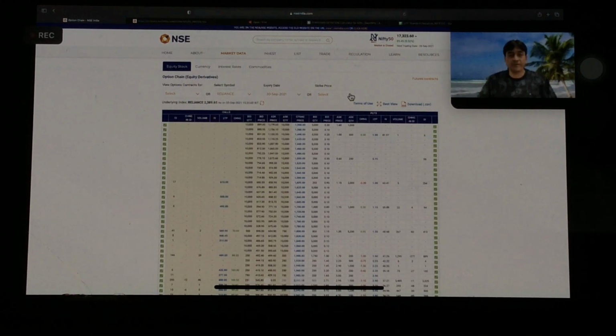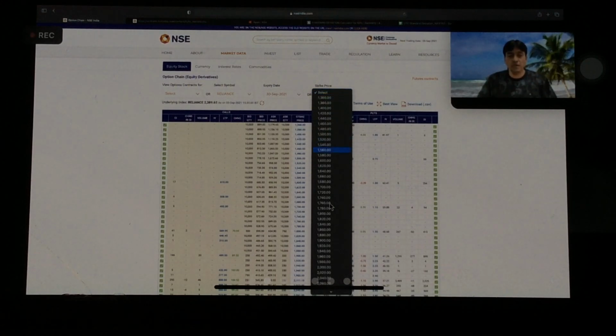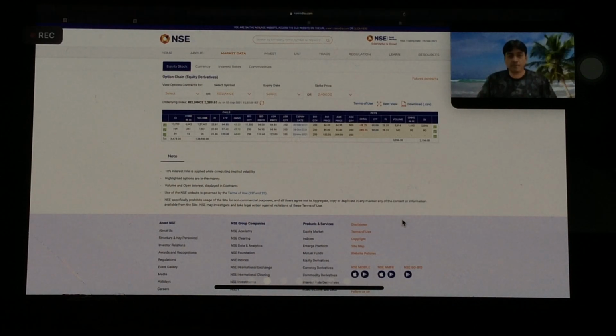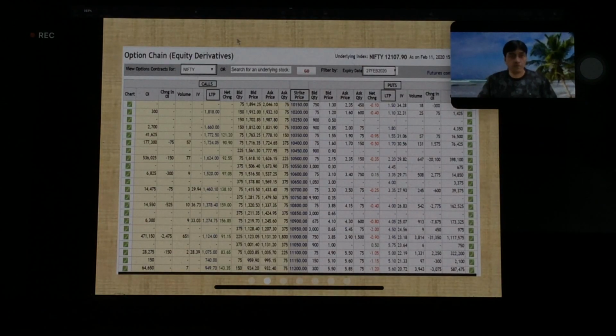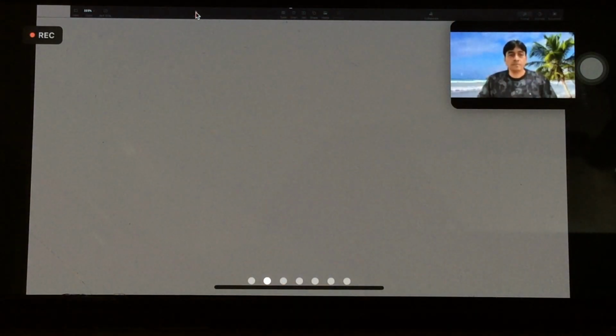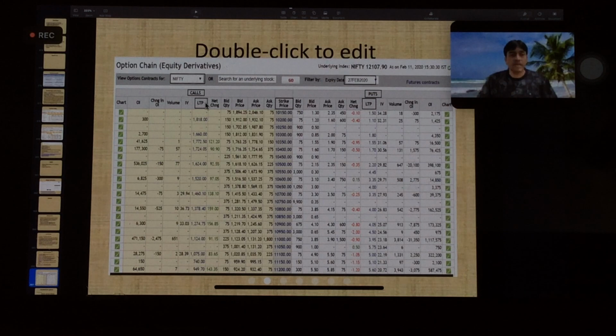If I want to check a specific strike price, that also we can do. Like if I want to check 2400, then only that will be available for September, October and November contracts. All the data for that stock will be available. Then we have the last traded price of call and put.